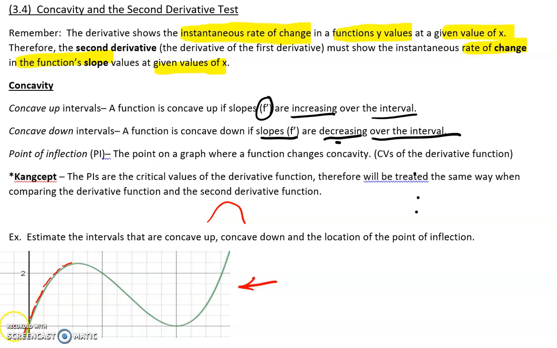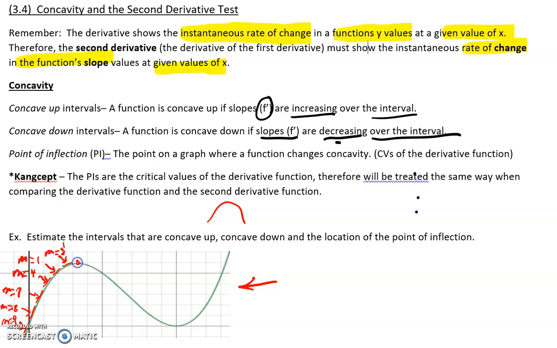Would you agree that my slope here might be like 9? Here my slope would be like, well, it doesn't seem as steep, so it may be like 8. Here the slope would be equal to like 7. Here the slope would be, say, 4. Here the slope would be like maybe 1. Here the slope is a half.